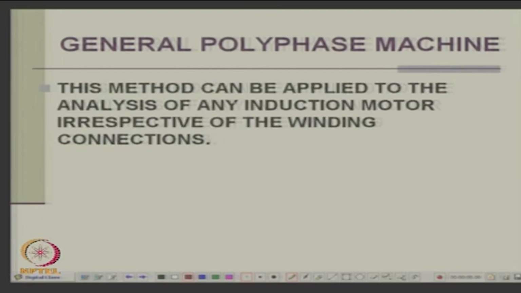Now, this method can be applied to the analysis of any induction motor irrespective of winding connection. This is a very general equation, whether it is wound at 120 degrees, 110 degrees, or 90 degrees. So, symmetrical machines become a particular case of this asymmetrical model.